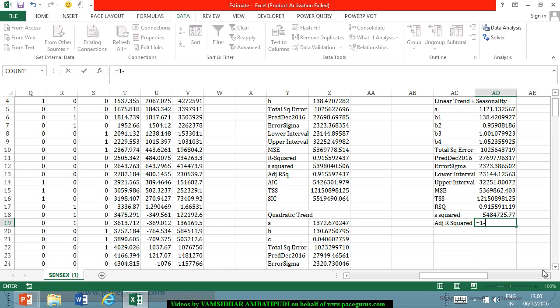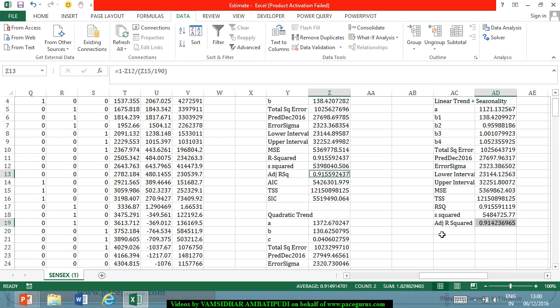So this works out as 1 minus S squared divided by the total sum of squares divided by 190. The adjusted R squared is coming out to 91.42%, which is lesser than the 91.55% we got for the exclusive linear model.